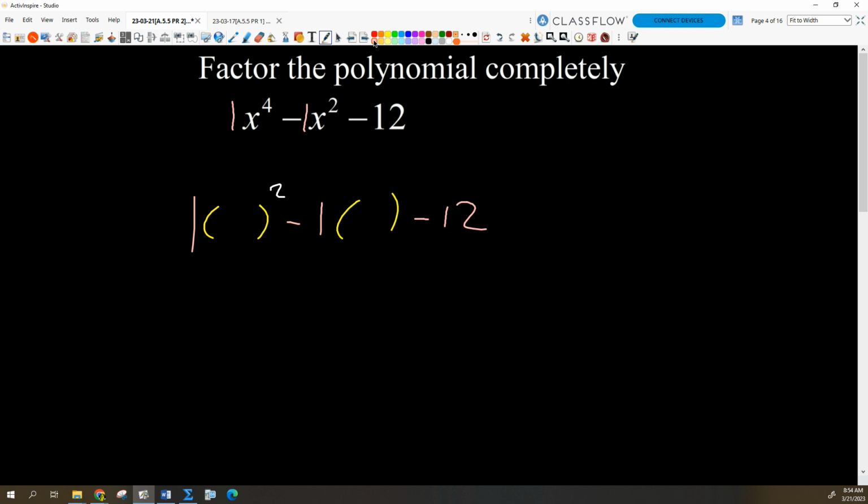Could I do that? Randy, what would have to be in those parentheses? If I want to make this look like a Unit 4 trinomial, where I just get 1 times something squared minus 1 times that something minus 12, what could the something be?